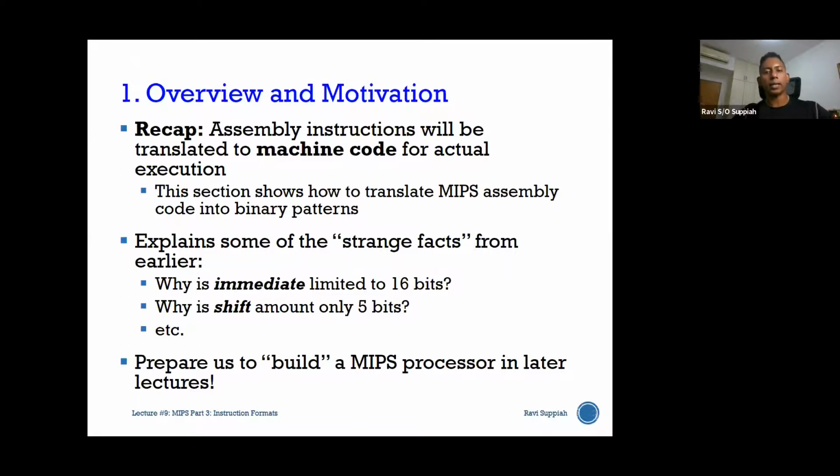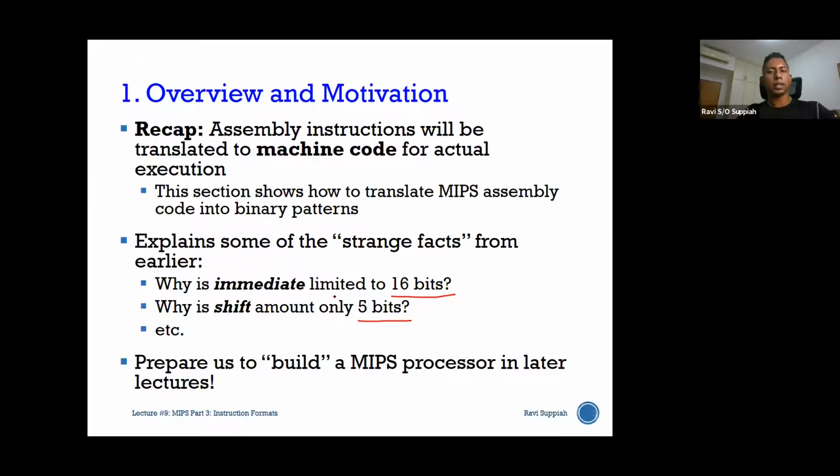But in terms of some of the things that we saw, like the immediate value, we say that it's only limited to, for example, 16 bits. When we're talking about shift, we only have 5 bits and so on. So there are some limitations or some standards that we need to conform to when we are following a certain processor architecture.